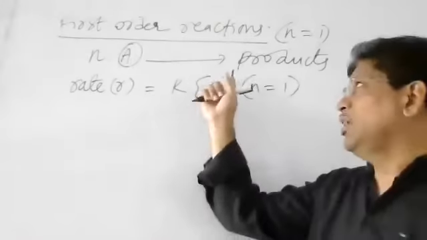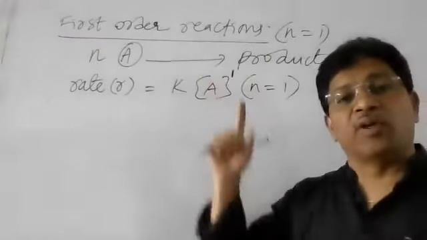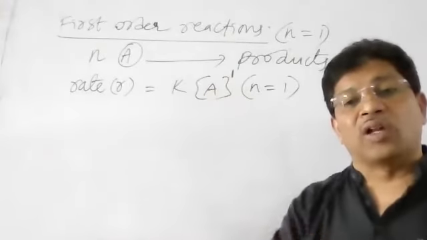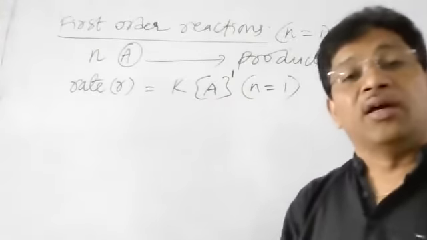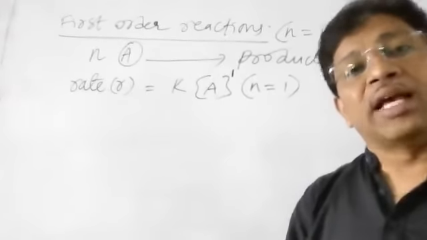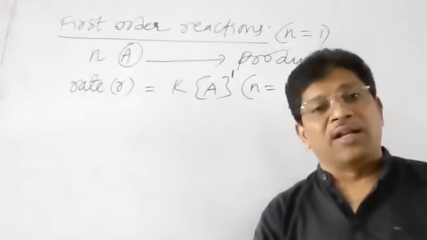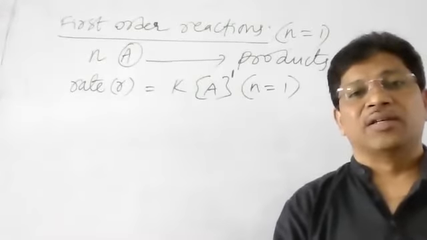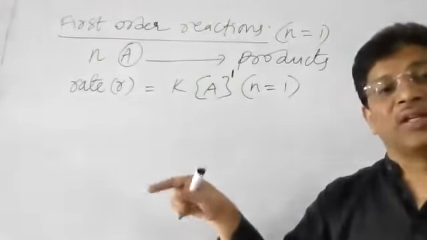Now, how do we get this power 1 for the concentration of A? Only experimentally can the order of reaction be obtained. But molecularity of a reaction is a theoretical concept. Is the concept clear? So it is a first order reaction.